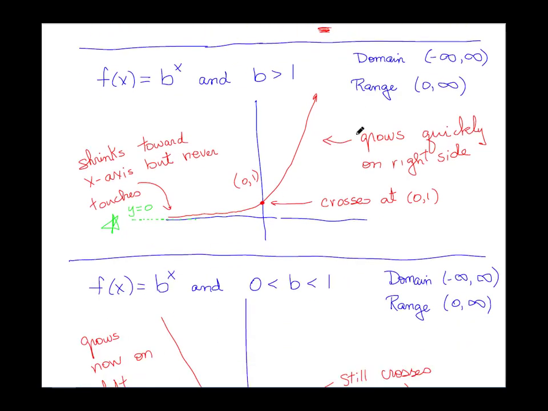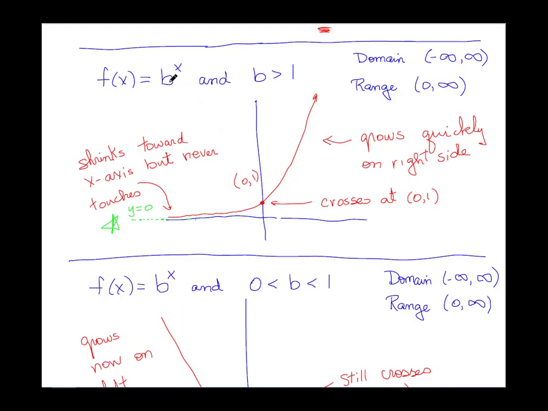Alright, so if the b, our number, is bigger than 1, the graph always has this basic shape. Well, what basic shape? Well, it always crosses at 0, 1. Why?